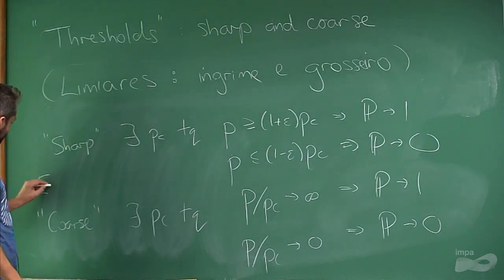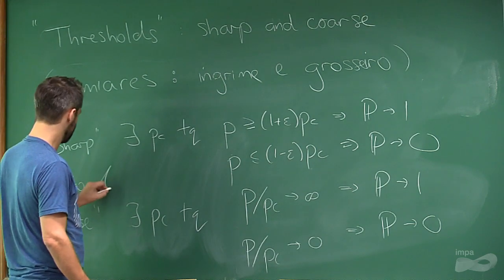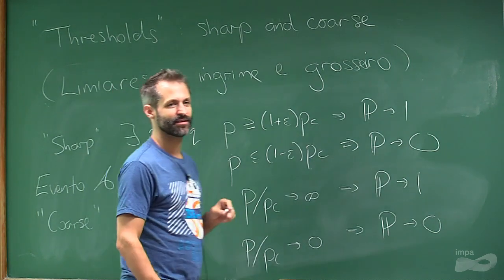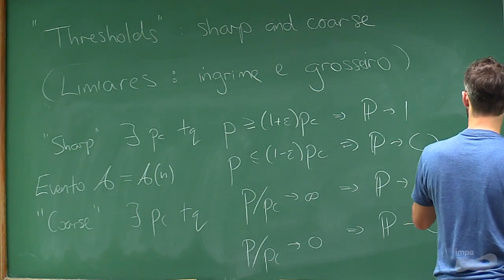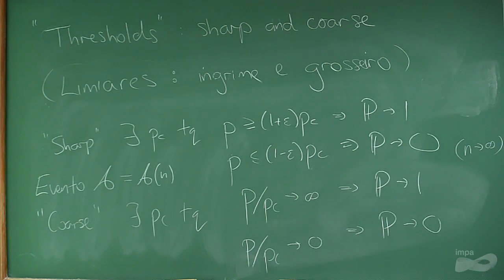So there's some event, let's call it A, which depends on n. This is always as n tends to infinity, and this is the probability of A. So we say that A exhibits or has a coarse threshold or a sharp threshold if there exists a PC with these properties.